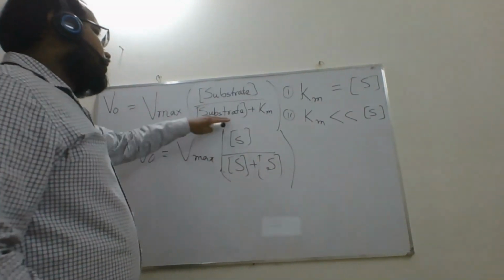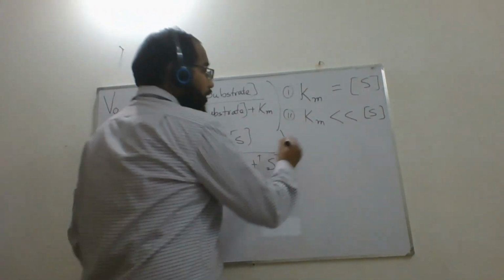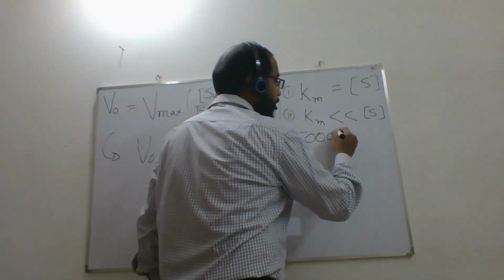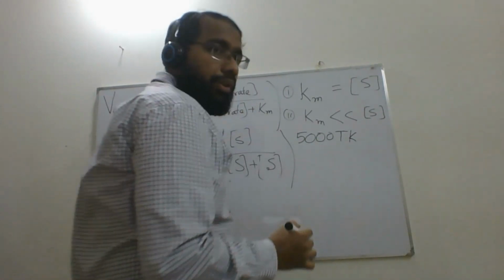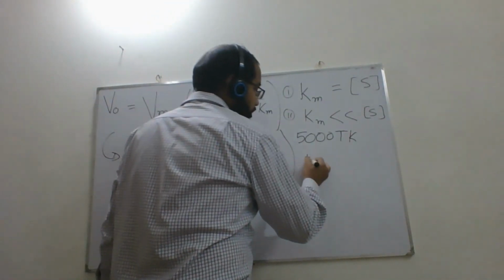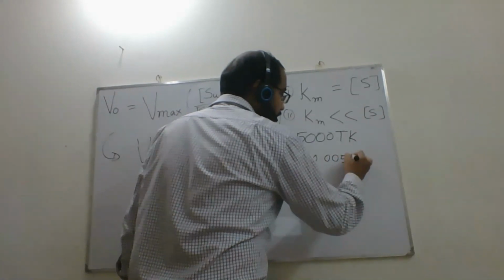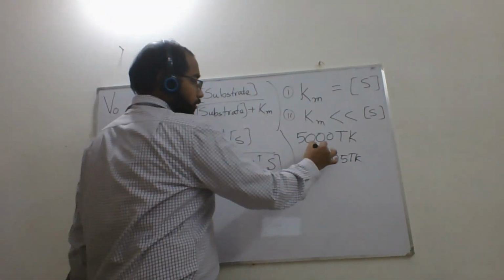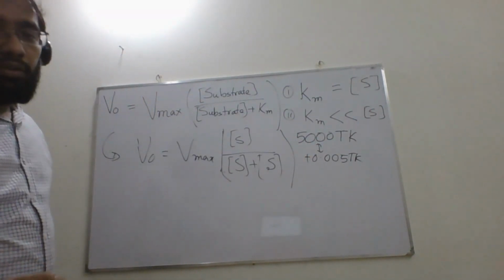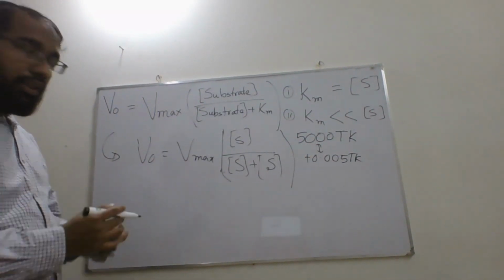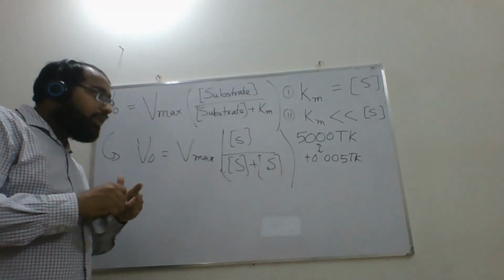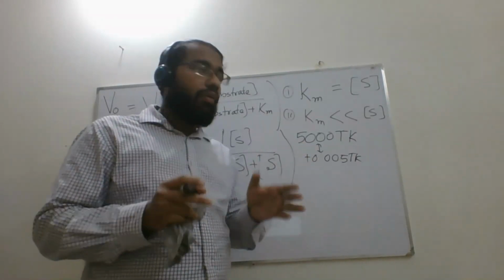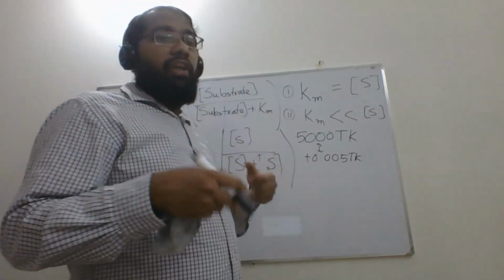Like if you have 5,000 taka, suppose 5,000 taka, and you are just adding 0.005 taka with that, is there any significant change in this addition? No. So 5,000 taka plus 0.005 taka does not have any kind of significant value addition.